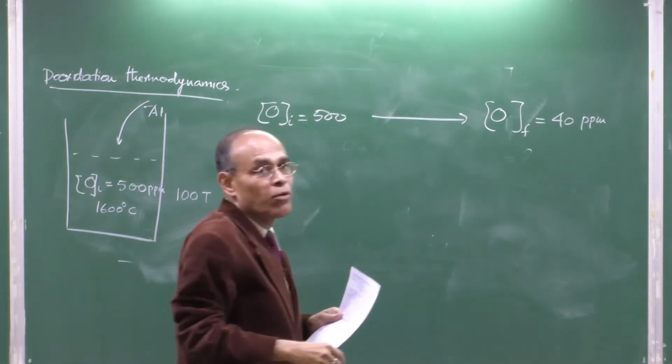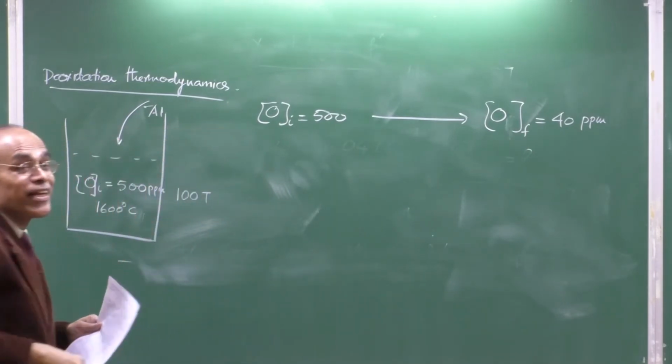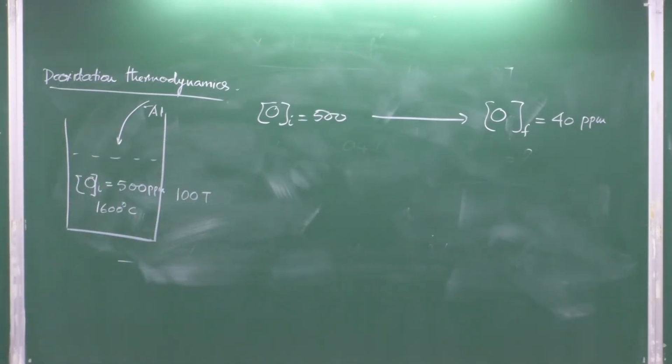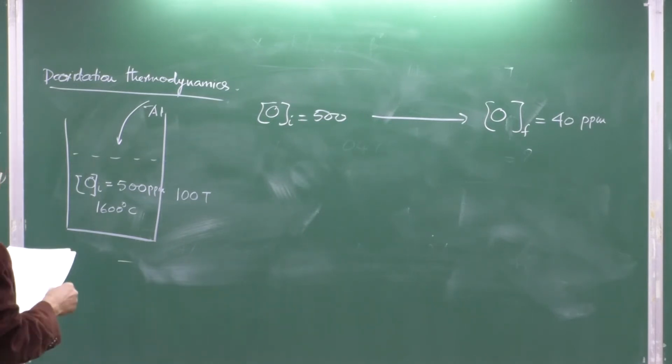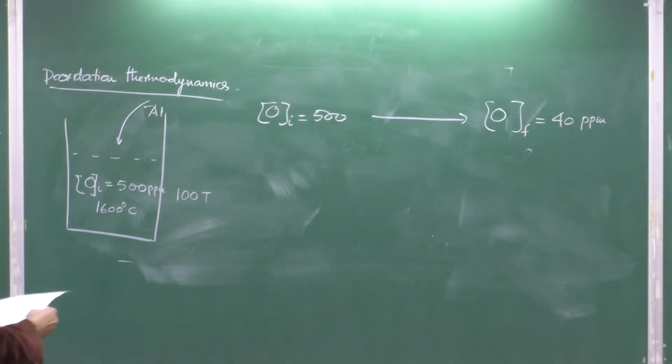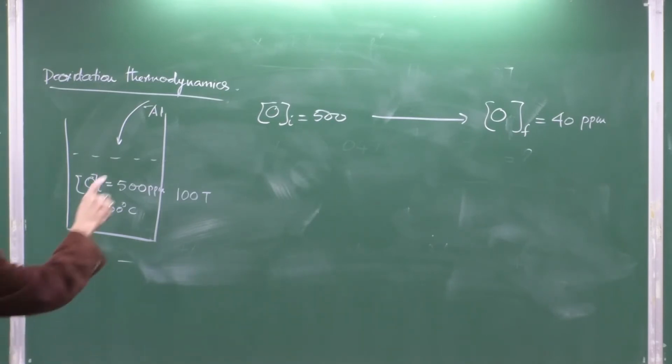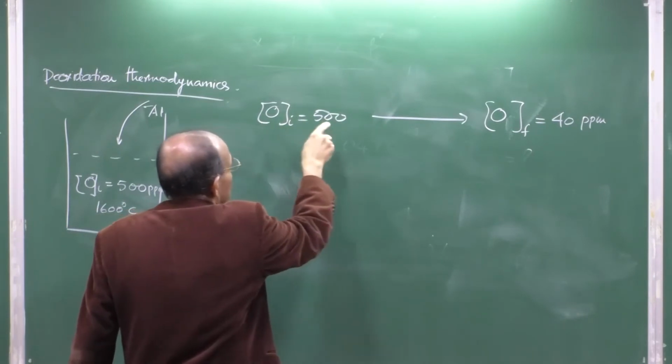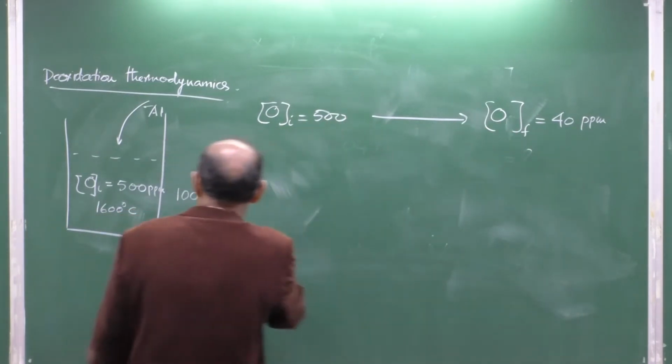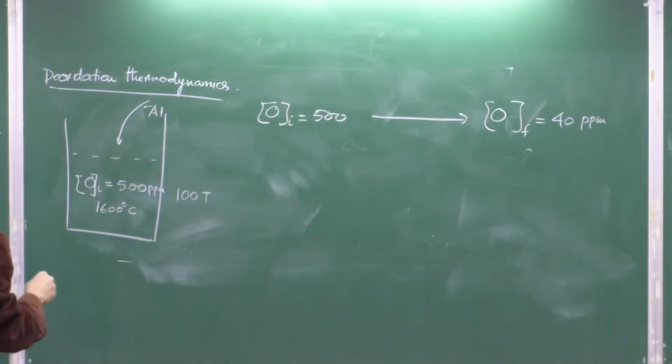Aluminum is a very powerful deoxidizer, so we can get up to 10 ppm, 8 ppm final level of oxygen. And then we want to find out, under ideal conditions, if you want to reduce oxygen from 500 to 40 ppm in the bath, how much total aluminum needs to be added to the bath.